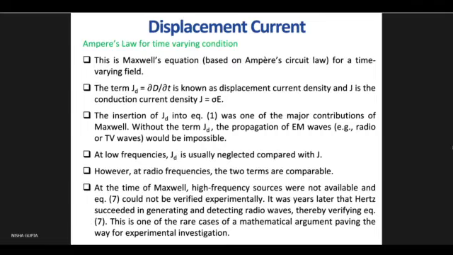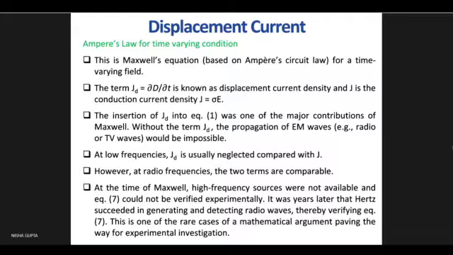This is Maxwell's equation based on Ampere's circuital law for a time varying field. In the static case we do not have the term J_D, but in the time varying case we need to include J_D, known as the displacement current density.